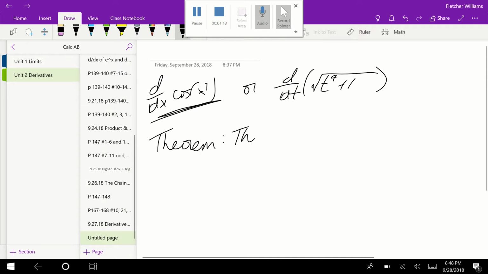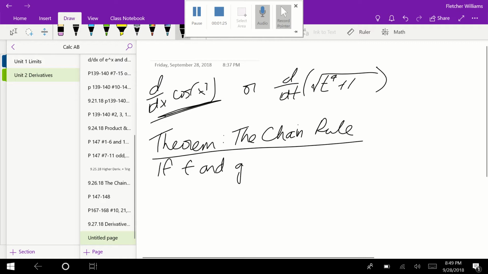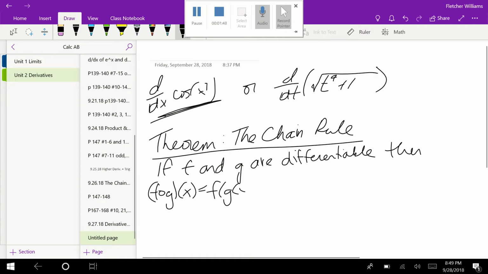It's called the chain rule. So if f and g, two functions, are differentiable, then the composition, which can be written as f composed g of x, which is the same thing as just f of g of x, is also differentiable.